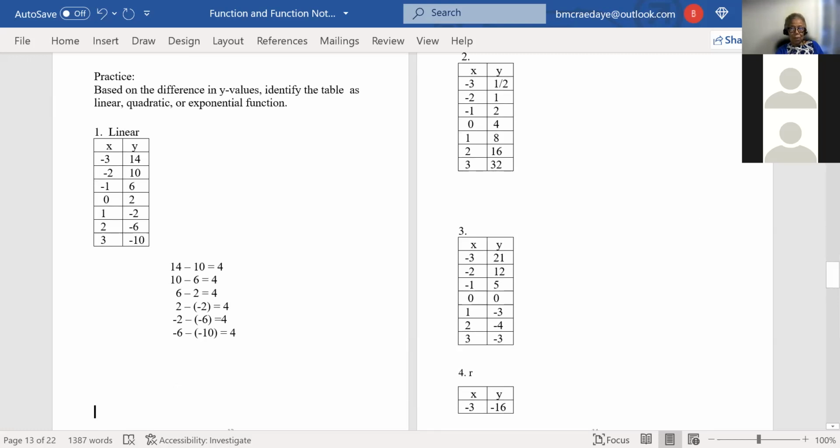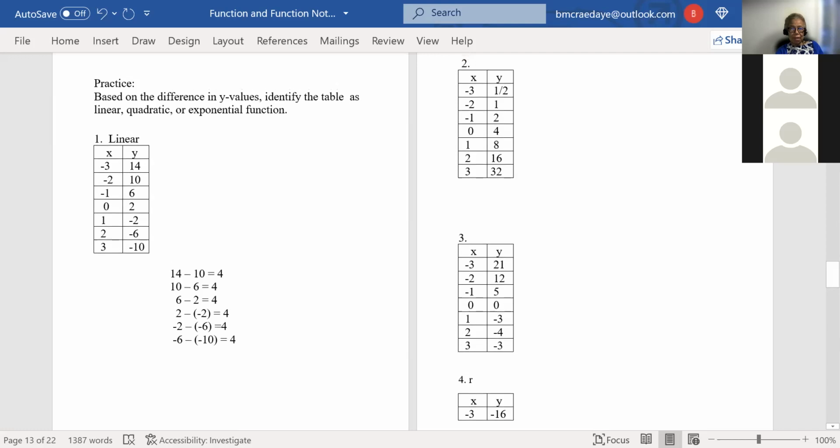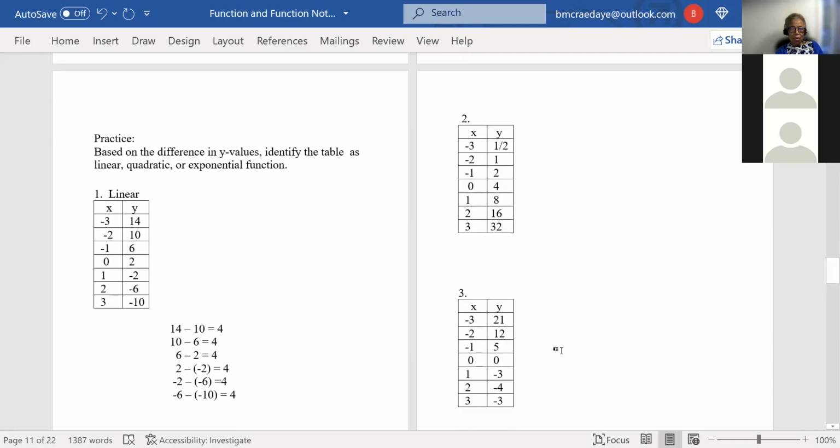Okay, number 2. Try that one. Tell me if it's linear, quadratic, or exponential. Number 2.